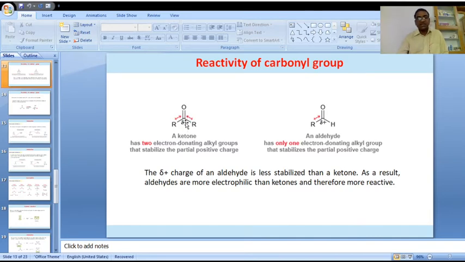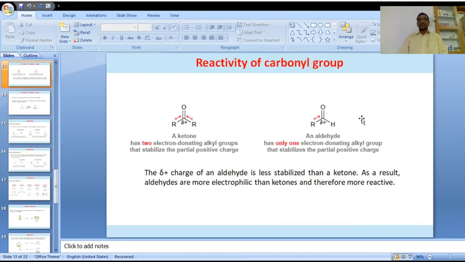In that case, it is a more stable compound compared with the aldehyde. The aldehyde is a less stabilized compound than the ketone, because aldehydes undergo reactions very fast.